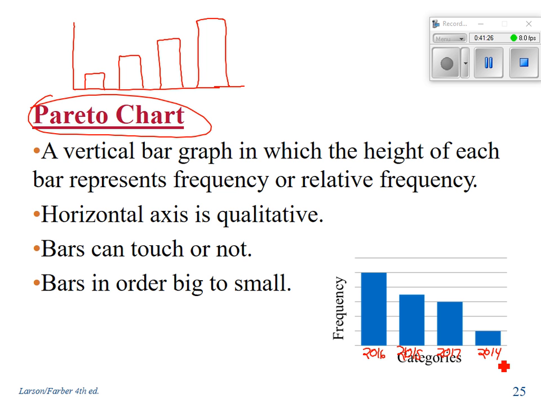Where the order comes from is, it always goes from biggest to smallest in a Pareto chart. So that's why I'm saying it sort of looks like, if we were saying, oh yeah, number of people smoking is going down, and we show them that chart, they're probably not even gonna look at the numbers. They're just gonna think it's going down because of that.